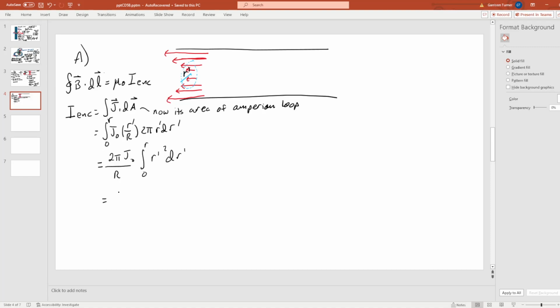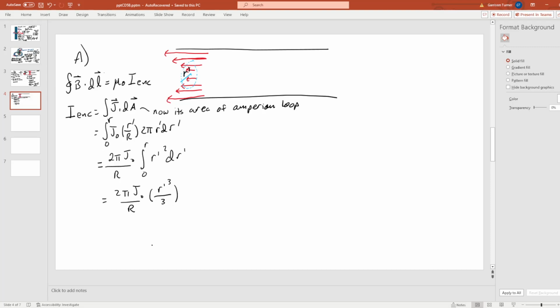And so this is going to be 2 pi J naught over R times r prime cubed over 3.